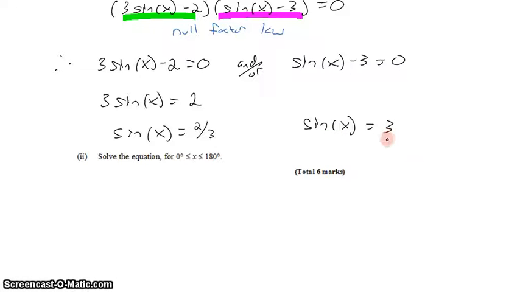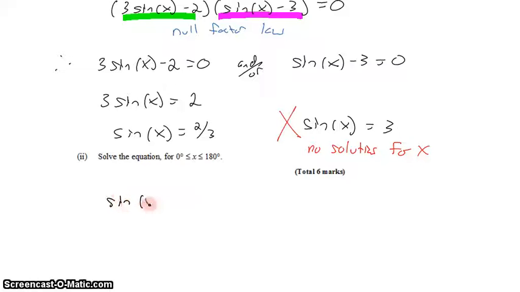Well, we know from the unit circle that sine and cosine are never anything other than numbers between -1 and 1. So for this, there are no solutions for x. So we can throw that away. That's not going to give us a solution for x.